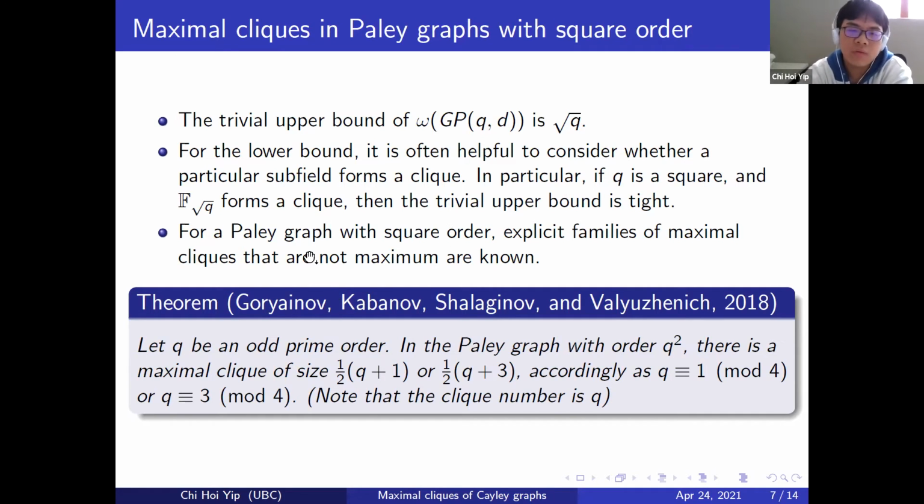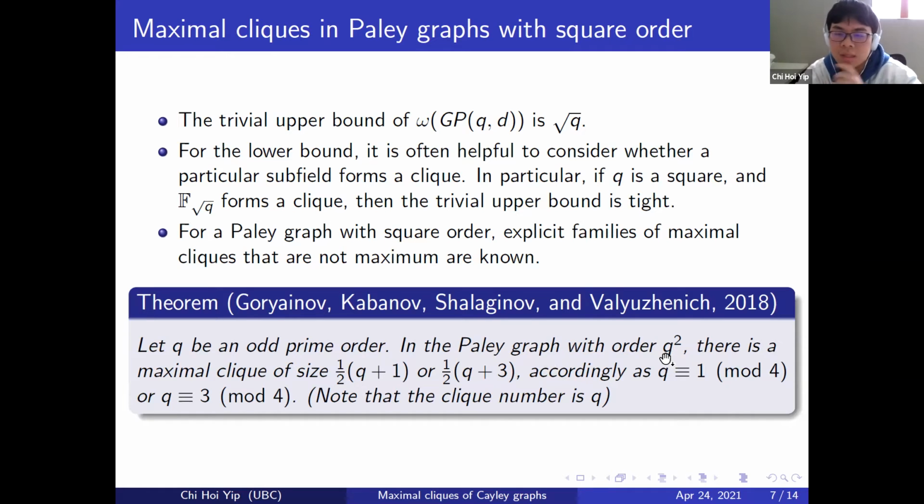And for a Cayley graph with square order, families of maximal cliques that are not maximum are unknown. So this is the motivating question. This is a result proved by Goryainov and three other authors a few years ago. They consider the Cayley graph of order Q squared.